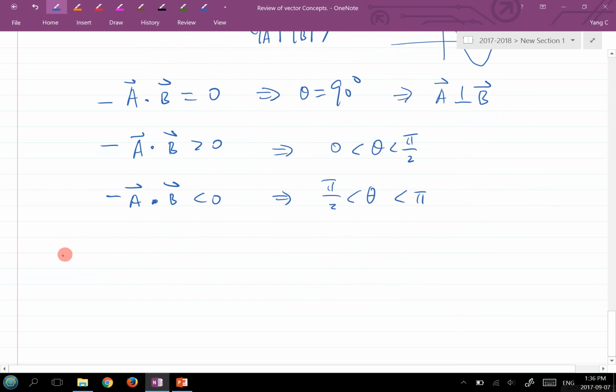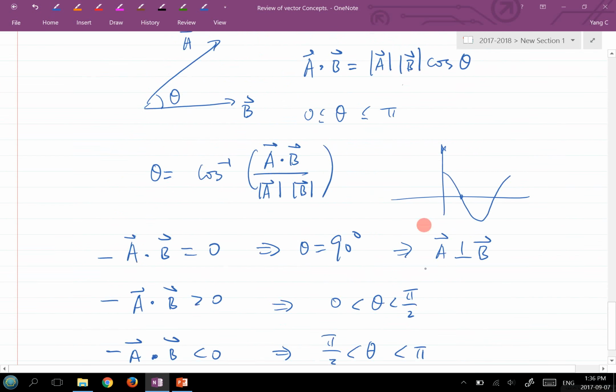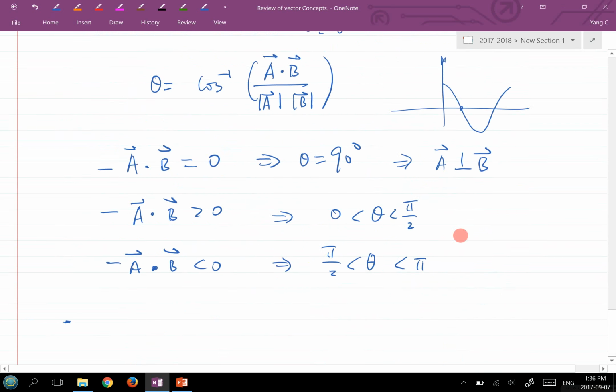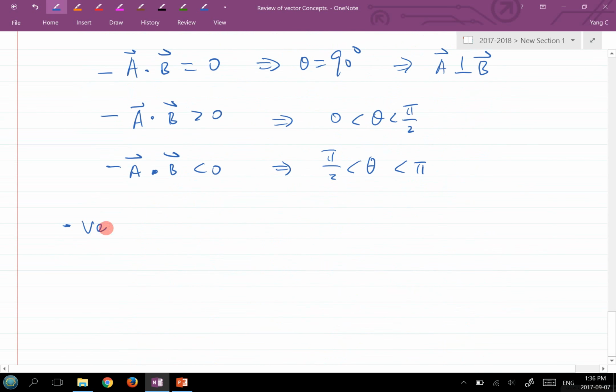One of the applications of this geometrical formula, which we use quite a bit, is the so-called vector projection.